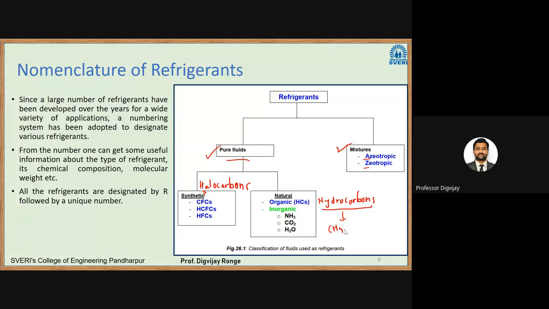So those are hydrocarbons. So draw this diagram or write down this classification of refrigerants.